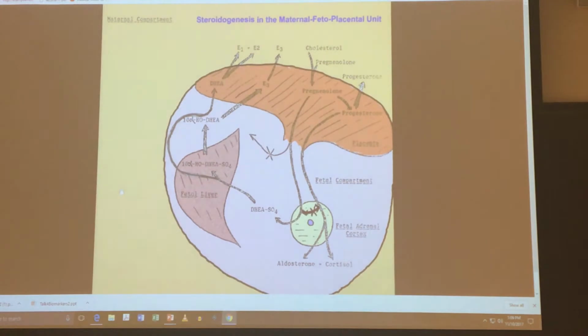So her organs and tissues, her liver, her adrenals, her gonads are actually outside that circle. But it's a coordinated effect to get the steroids that you see most prominently during pregnancy, the progesterone and the estrogens, particularly estriol.